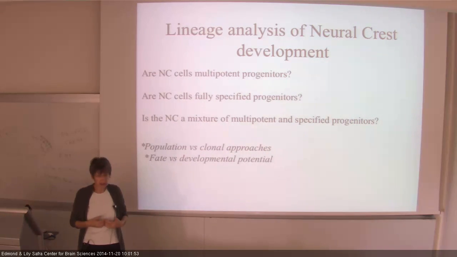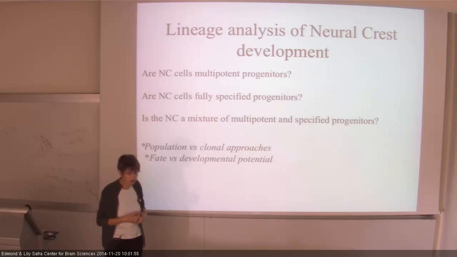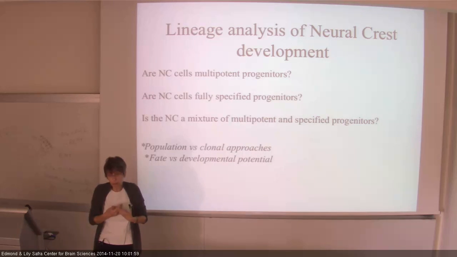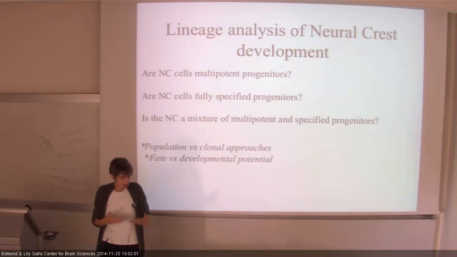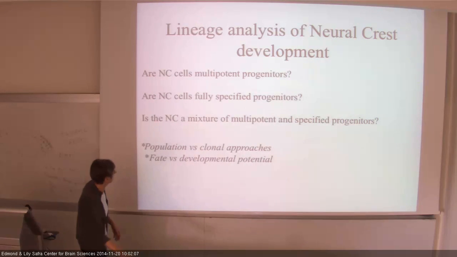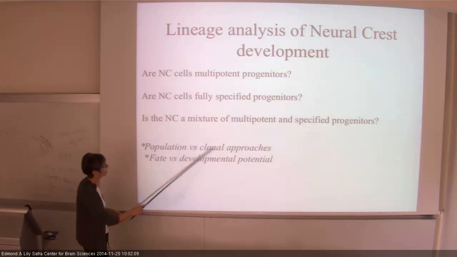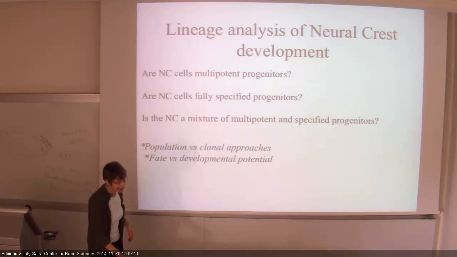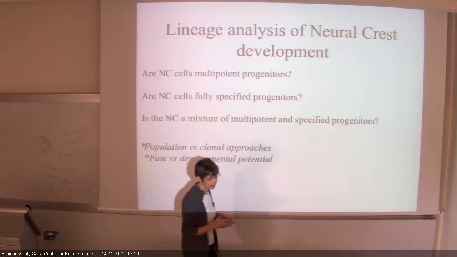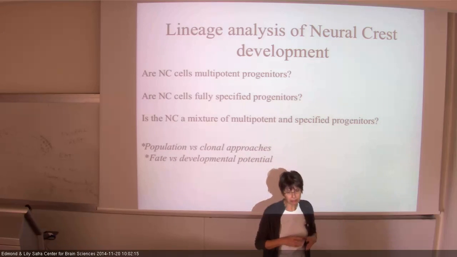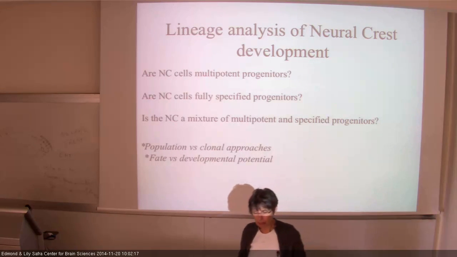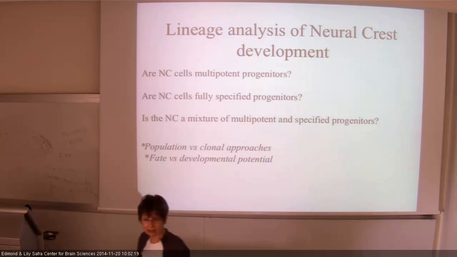Is it because of the graft, or maybe is it because some of the cells were highly specified, and when they didn't find their proper cues to develop, because instead of being in the trunk, they were in the head, they died. So all these population experiments, what we call population approach, did result in a kind of misinterpretation of reality. But this reigned in the field for 20 years.